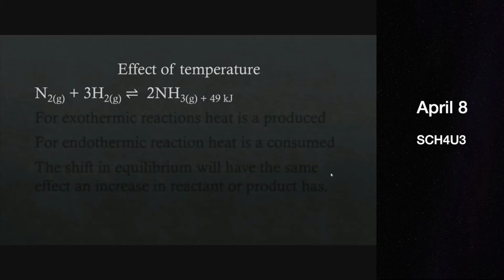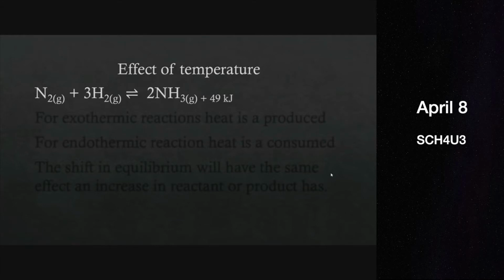So if heat is a product in this exothermic reaction, if you increase heat, the reaction is going to shift in the direction where heat energy is consumed, that is, the endothermic direction. So in the forward direction, the reaction is exothermic; in the backward direction, it's going to be endothermic.